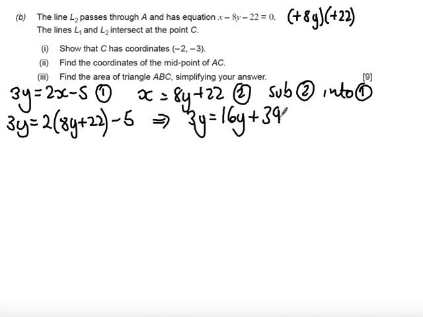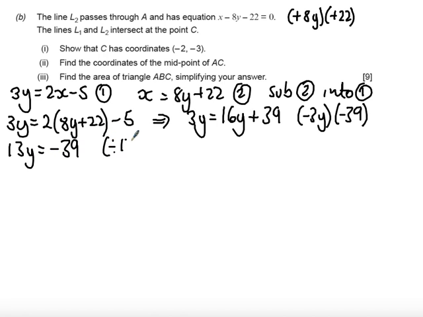Now I'm going to collect all my y terms on one side and the numbers on the other side. So I'm going to subtract 3y from both sides, and subtract 39 from both sides, so that we get left with 13y equals minus 39. Finally I can finish by dividing by 13, which gives me y equals minus 3, which is exactly what I needed here.